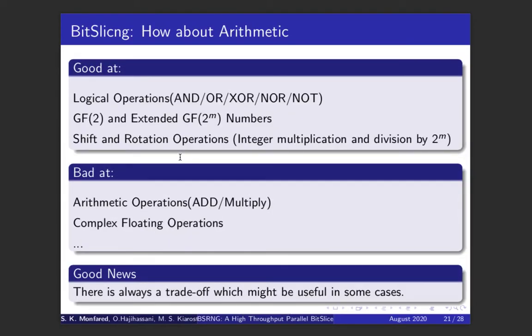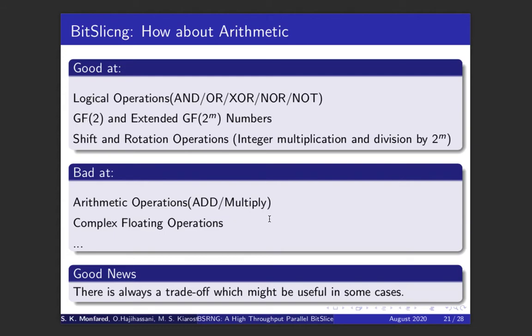As you might guess, BitSlicing could be really good in logical operations like AND, OR, XOR, and so forth. They're really good in Galois field, binary Galois field, or extended Galois field numbers. And the shift and rotation operations are really trivial in the BitSlice implementation.